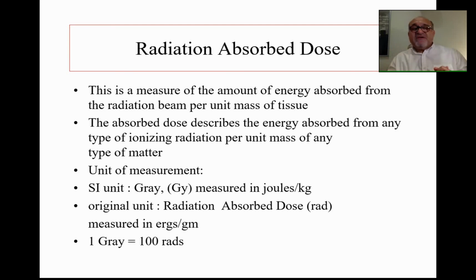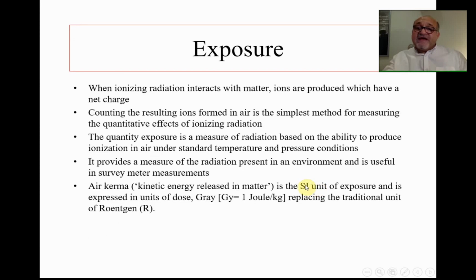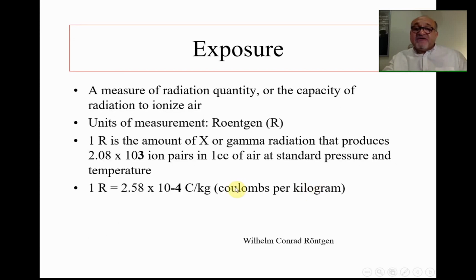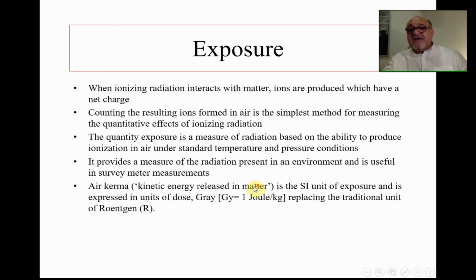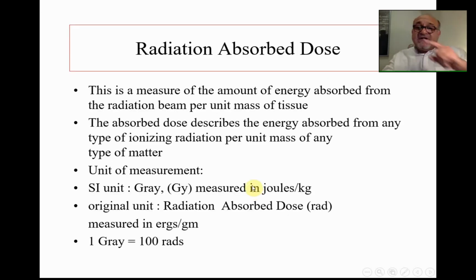And the unit of measurement in the standard international units is gray, and gray here, as you can see, is measured in joules per kilogram. But exposure is measured in coulombs per kilogram. So here it is electrical current, but here it is energy being deposited.